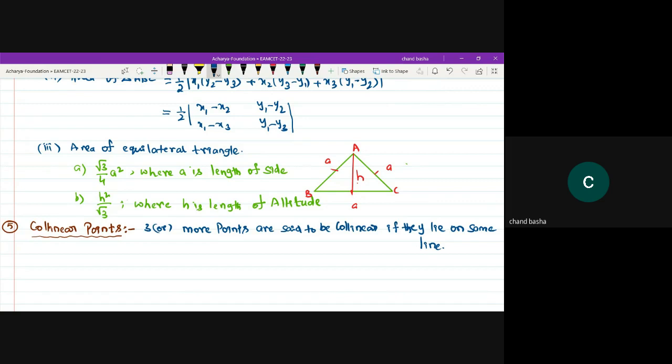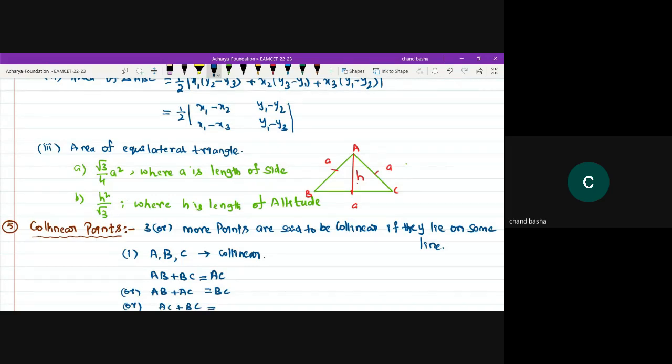Sir, how can we define it, how can we check? Let's discuss this concept. The first point to be noted is that the sum of two sides is equal to the third side: AB plus BC is equal to AC, or AB plus AC is equal to BC, or AC plus BC is equal to AB.